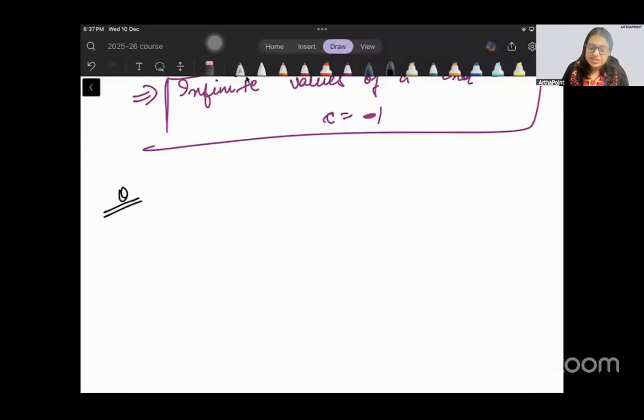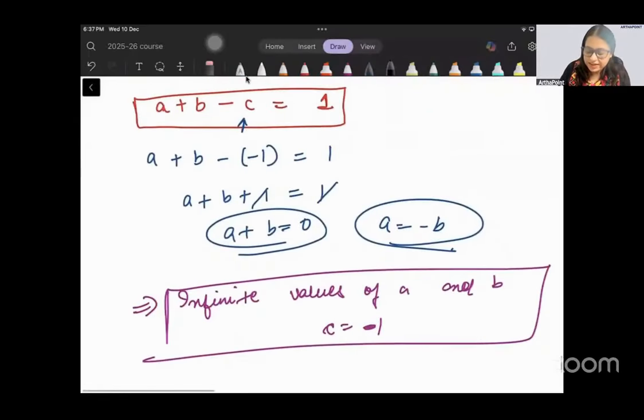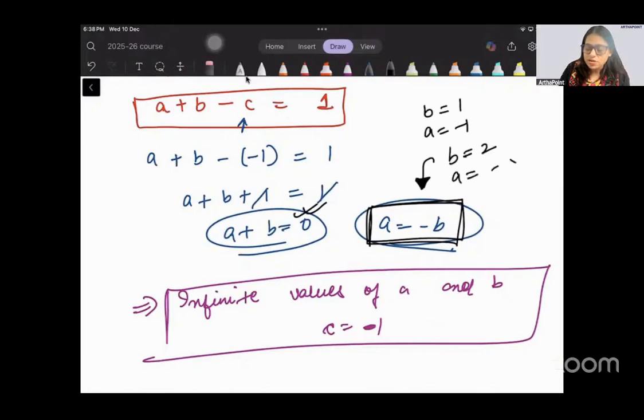Conclusion. Conclusion is that since I get a plus b equal to 0, it means a is equal to minus b. So I've got an equation rather than getting 1 or 2 values of a and b, right? So I've got that, okay, b can be 1, a will be minus 1. B can be 2, a can be minus 2. Any a and b that satisfies this equation is fine to me, isn't it?